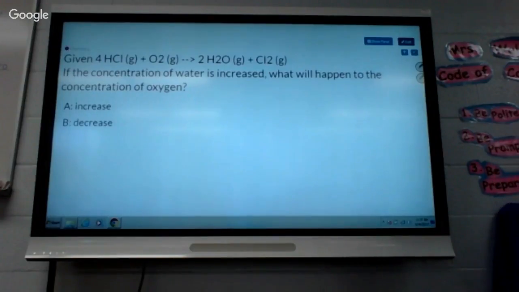Make it right. I do not know which one to pick. 50-50 chance. Increases, what will happen? It doesn't change.